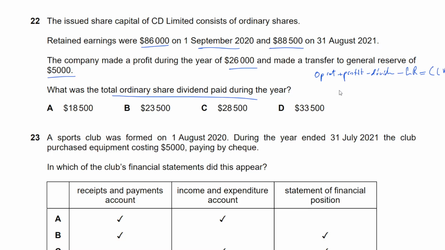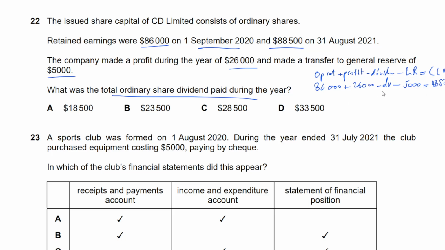So we start with the opening retained earnings, 86,000. We add the profit, which is 26,000. We subtract the dividend. We don't know that yet. And we subtract the transfer to general reserve, because all that goes out of retained earnings. And then we get closing retained earnings, which is 88,500.